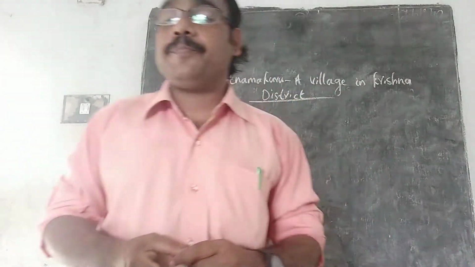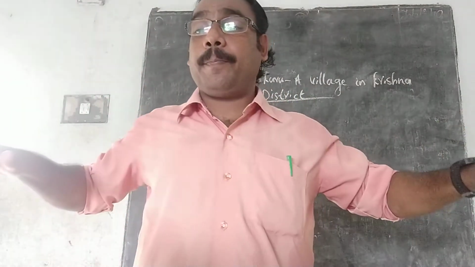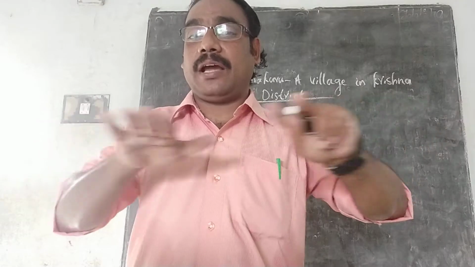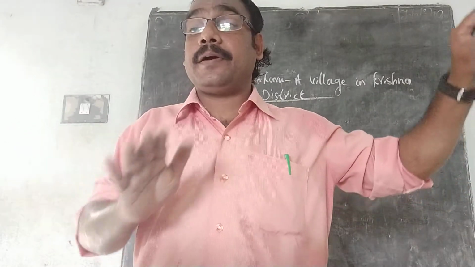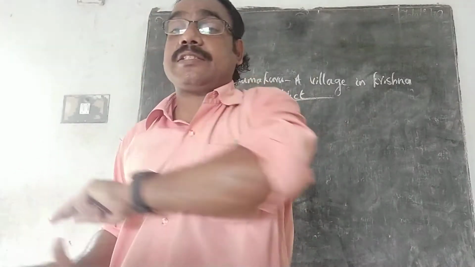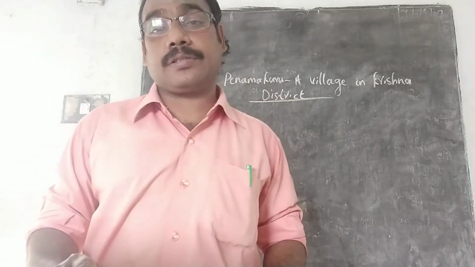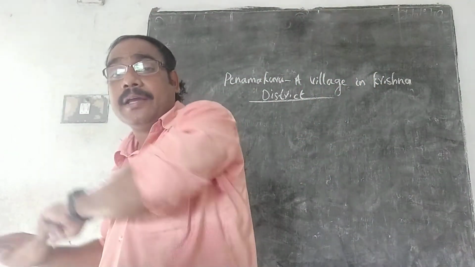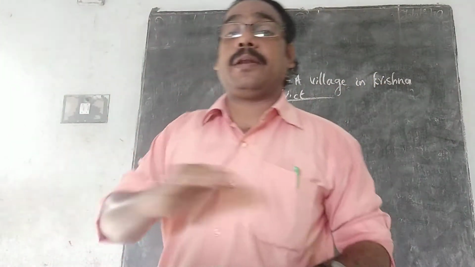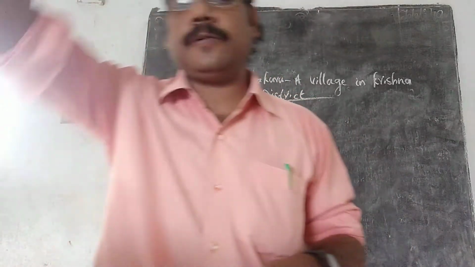Coming to plateau: flat-topped tableland with steep slopes on one side or more sides. Is it clear? It will be like this: suddenly steep, again flat, again steep. That is known as a plateau.